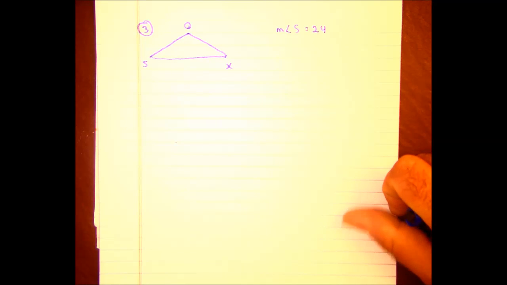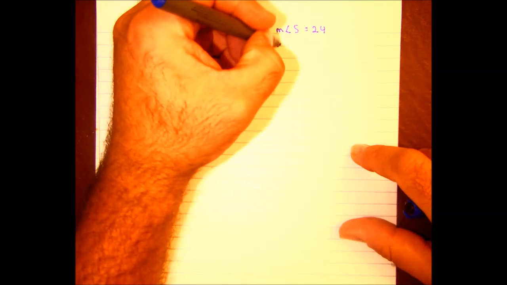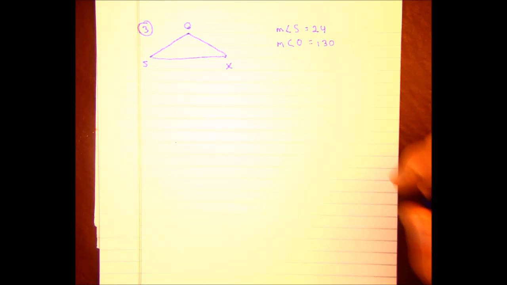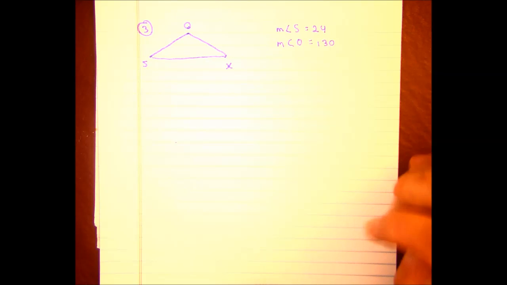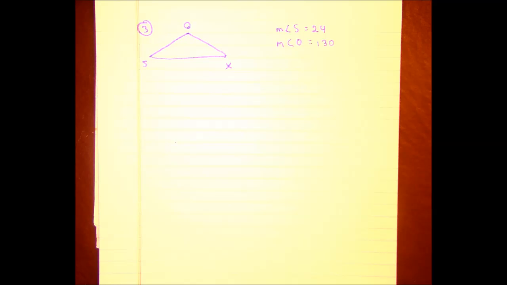The measure of angle O is 130 degrees. Okay. And which side of triangle SOX is the shortest? And tell me why. Which side is the shortest?